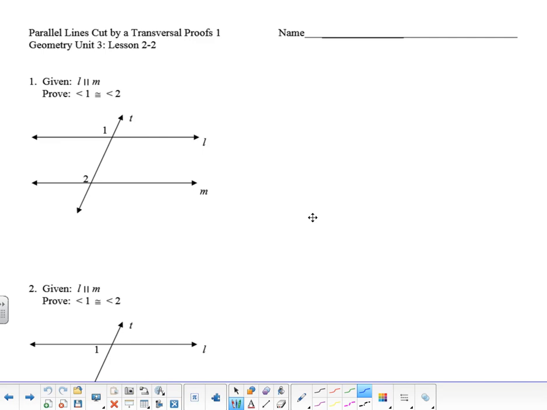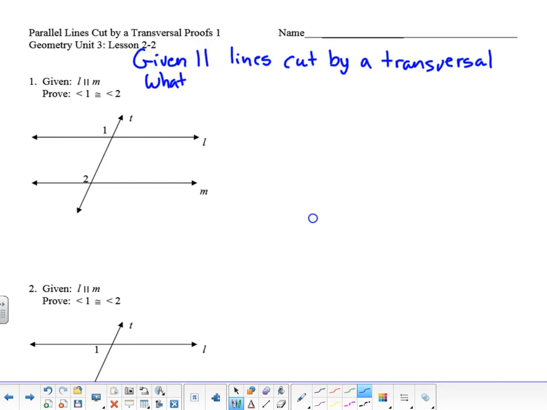So basically what we're talking about here is, given parallel lines cut by a transversal, what conclusions can we make in a proof?